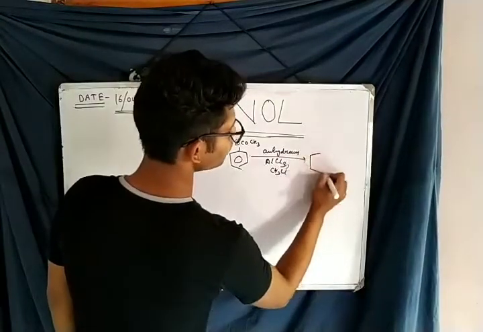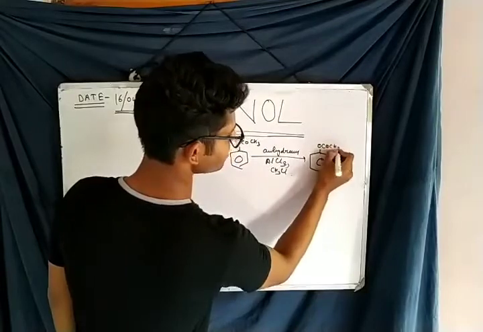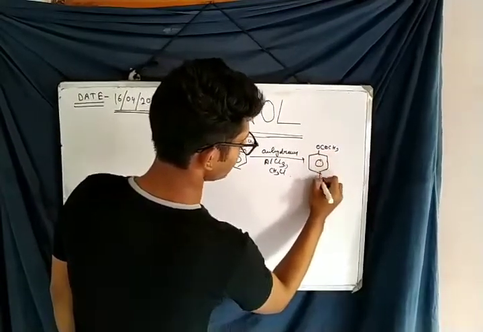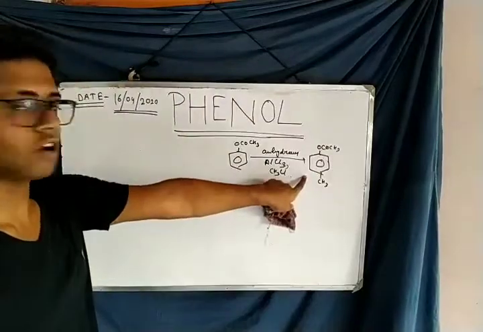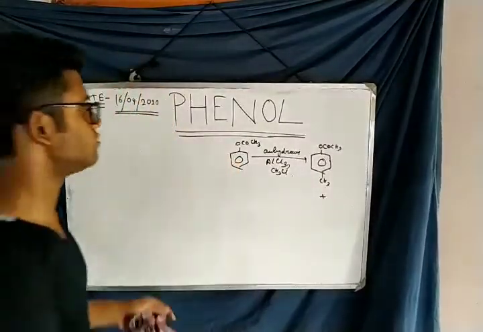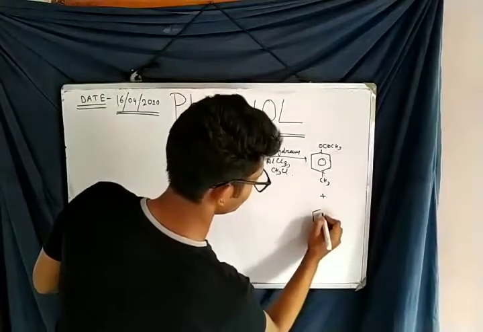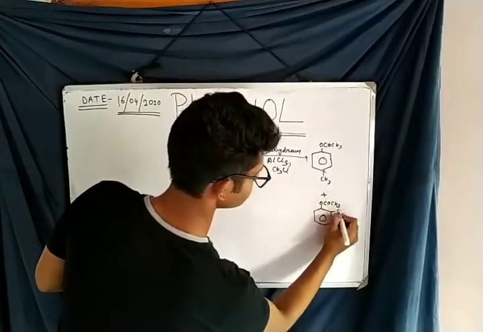So the two products will be OCOCH3 static. In one case, CH3 is introduced in the para position of this compound, and another compound that will form from this compound is OCOCH3 and CH3.